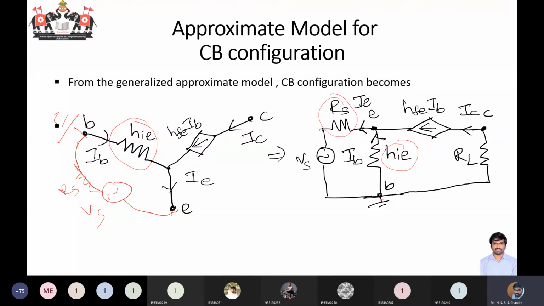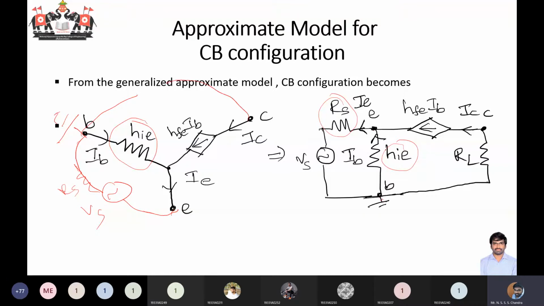So we are connecting these two terminals, and then the output will be collected from the collector and base terminals. So output will be collected from these two terminals. Okay.